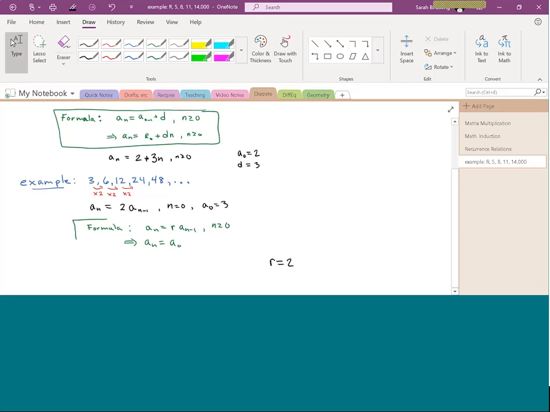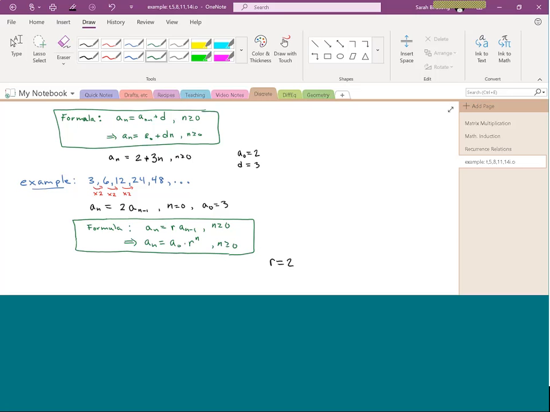Then to get the next term, you multiply by, in our case, 2. So we're going to multiply by whatever that number is, this R here, and you're going to do it a bunch of times. If you start with an index of 0, the number of times you multiply is n. If you start at index 1, the exponent there is n minus 1.